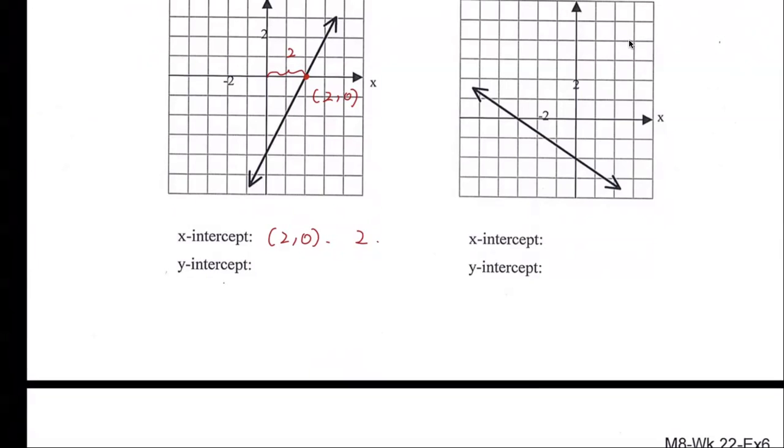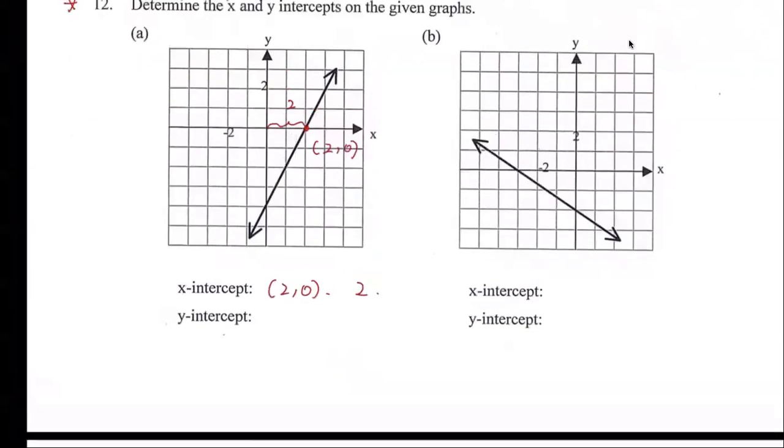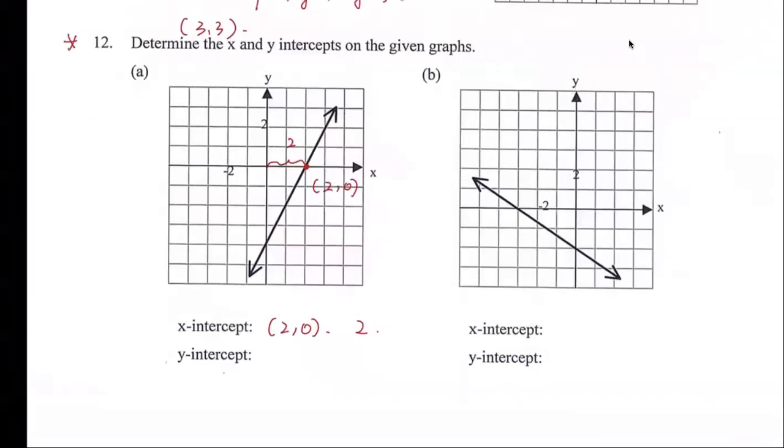The same logic applies. Y-intercept, the visual representation of y-intercept is just the intersection of the straight line and y-axis, which means this point is the y-intercept. This point. Okay, so 1 minus 1 minus 2 minus 4.